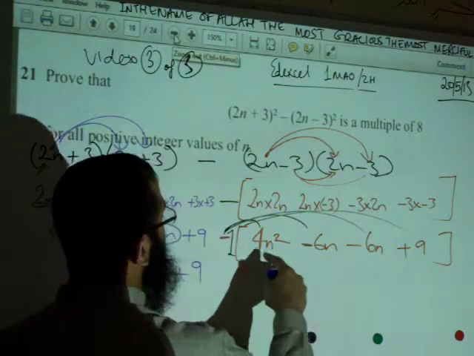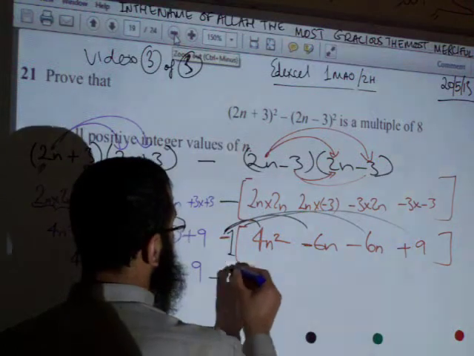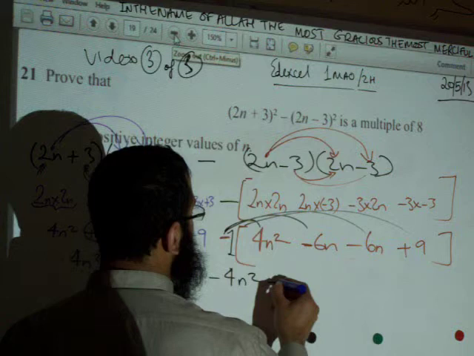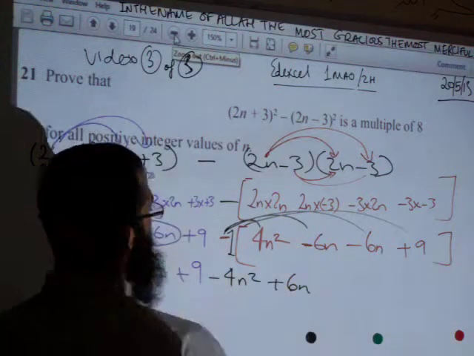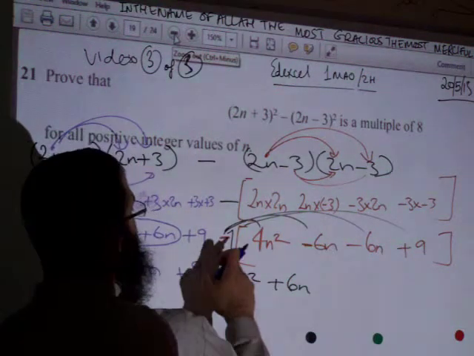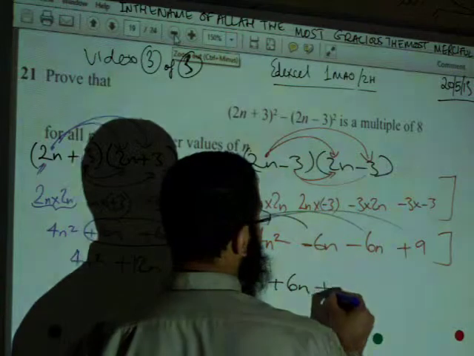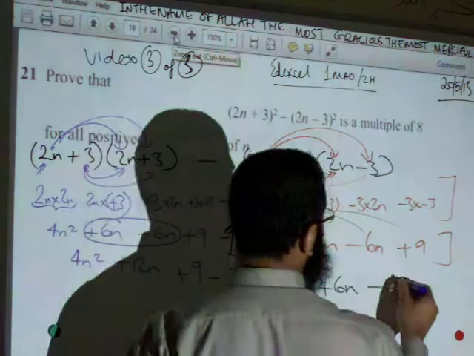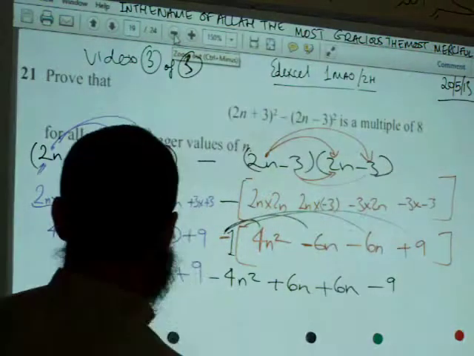So minus 1 times by 4n squared gives you minus 4n squared. Minus 1 times by minus 6n will give you plus 6n. And then you have minus 1 times by minus 6n, that'll give you plus 6n again. And minus 1 times by plus 9 will give you minus 9.